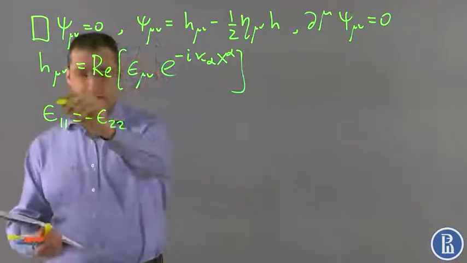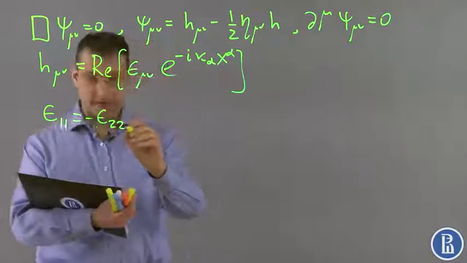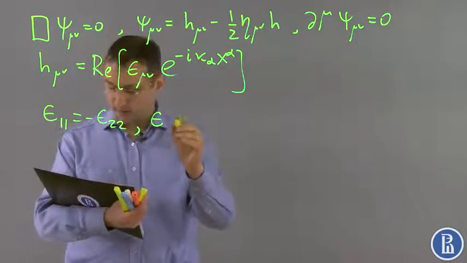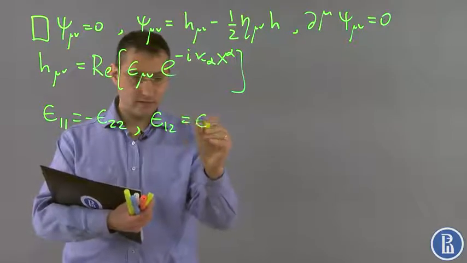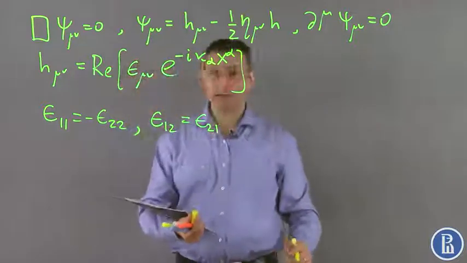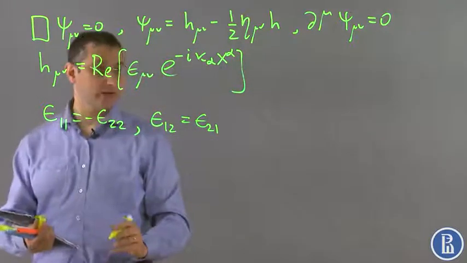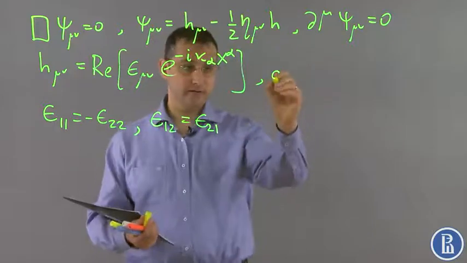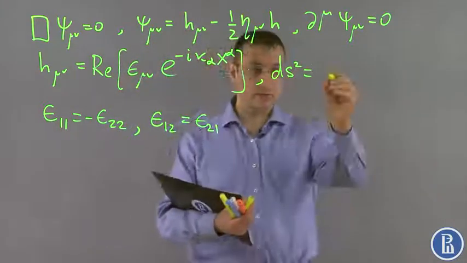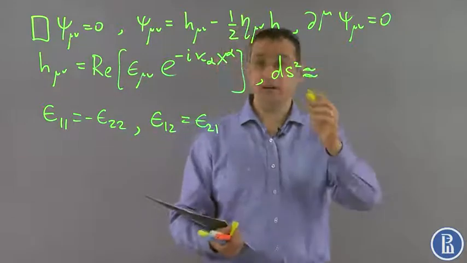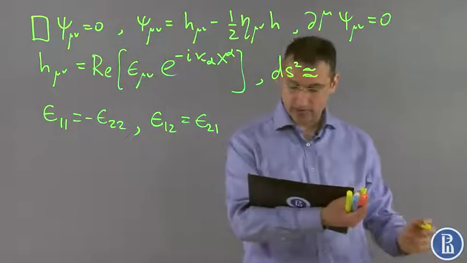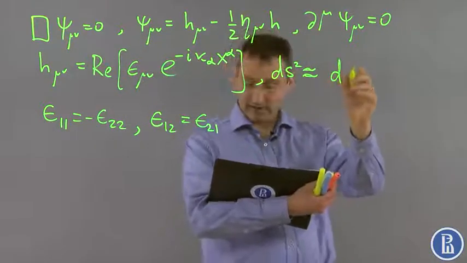We do not use a bar on top of epsilon, so we consider already the concrete gauge and omit the bars. As a result, we have the following situation, that the metric for these gravitational waves has the following form. So it's a linearized solution of the Einstein equation. These are linearized approximations to the Einstein equations in the vacuum.